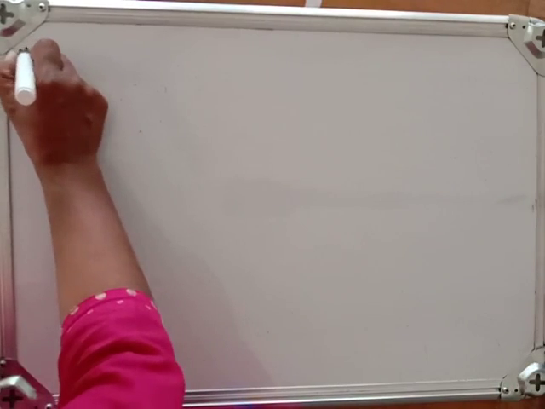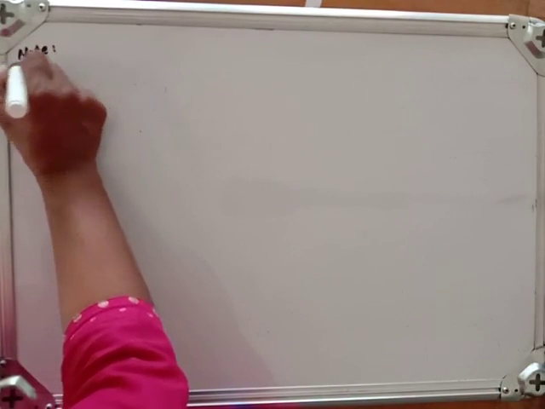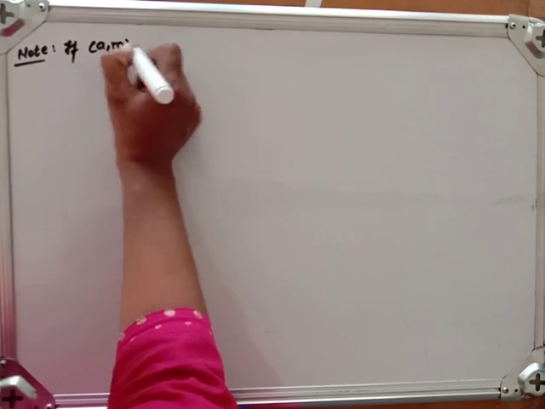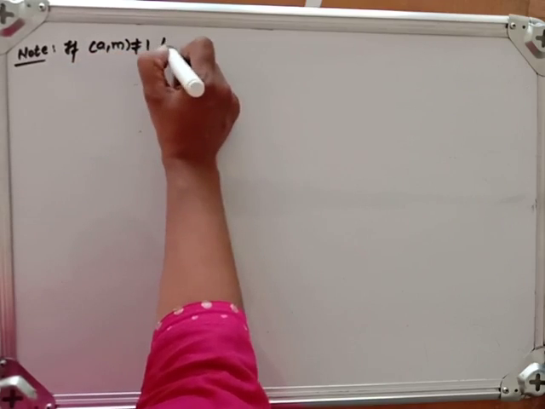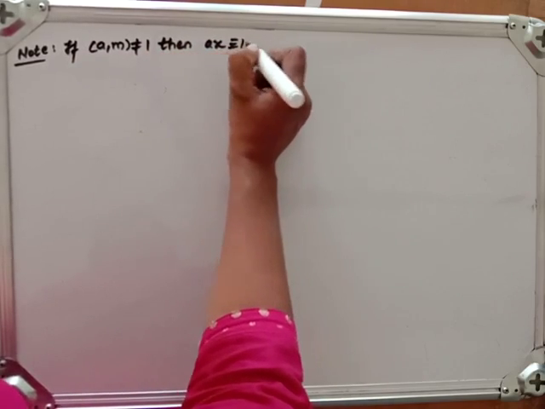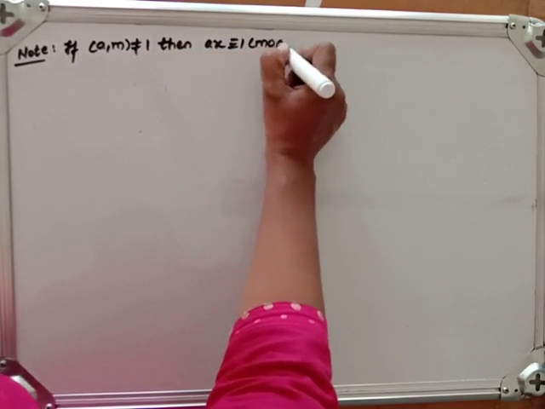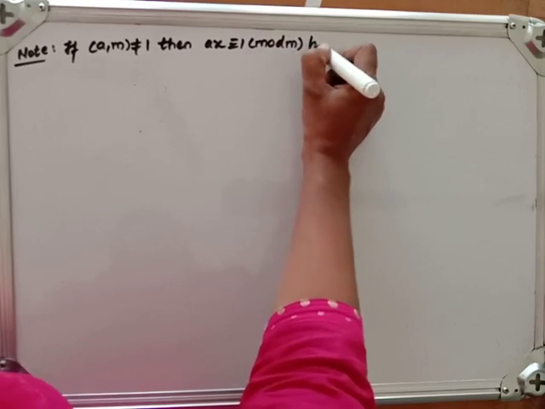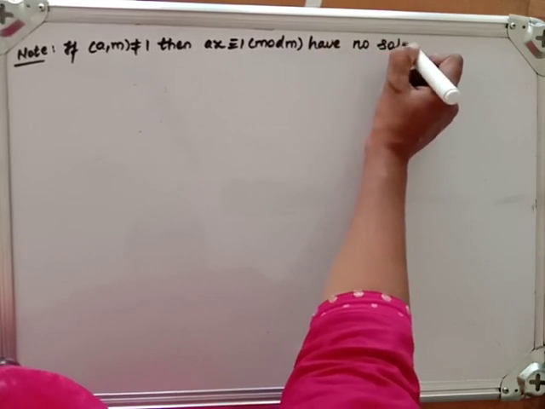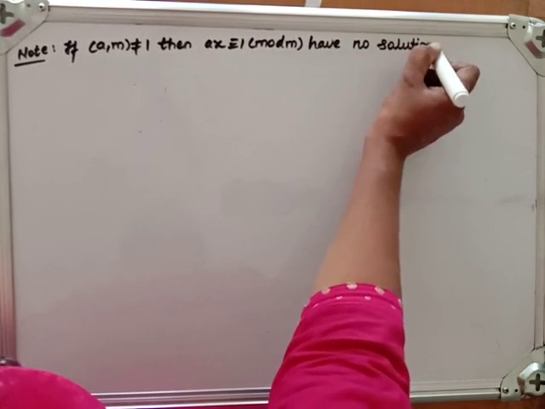Note: if A and m are not relatively prime, then Ax congruent to 1 modulo m has no solution.